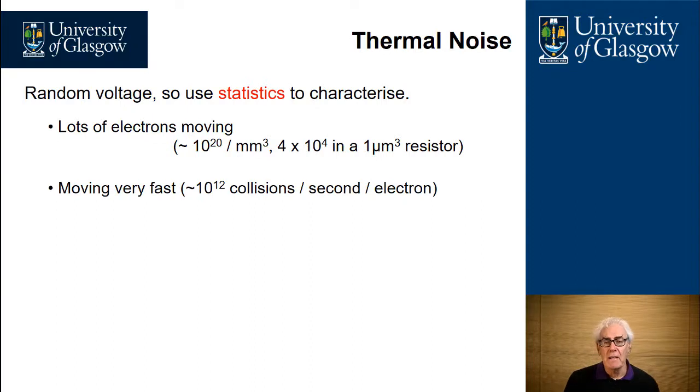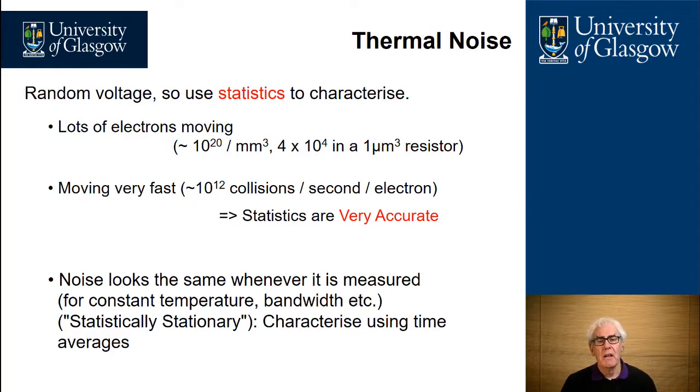Electrons move very fast, so they're causing about 10 to the 12 collisions every second for every electron. So there's a huge number of statistical events happening in any one piece of time that we want to examine. Because there are so many collisions and so many electrons, we can end up with very, very accurate statistics to estimate the effect of noise on the components.